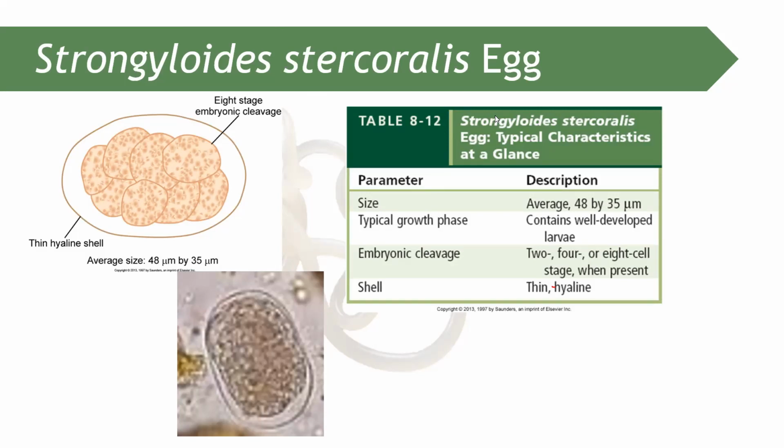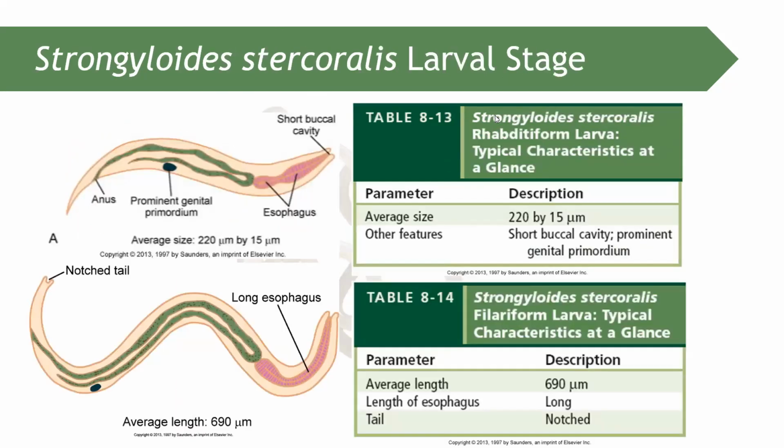It has a thin shell and is hyaline, almost similar to the egg of hookworm. Usually or typically, the egg of Strongyloides stercoralis contains well-developed larvae. So again, how are we going to differentiate the Strongyloides stercoralis? This is the important thing to remember.